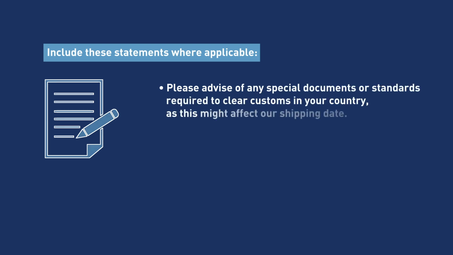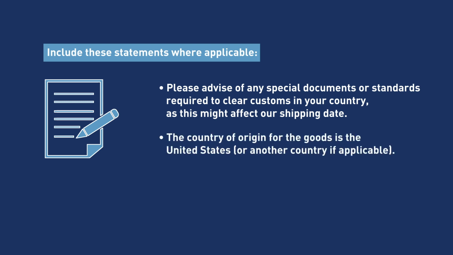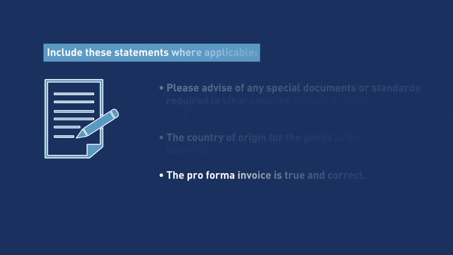Please advise of any special documents or standards required to clear customs in your country, as this might affect our shipping date. The country of origin for the goods is the United States, or another country if applicable. The pro forma invoice is true and correct. Finally, have a responsible person in your company sign the document.